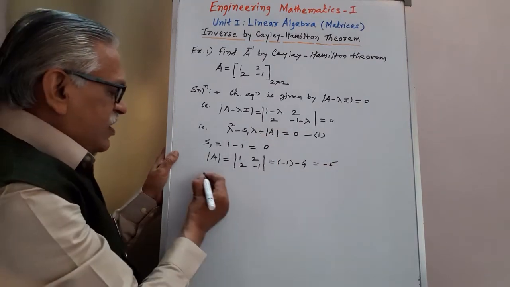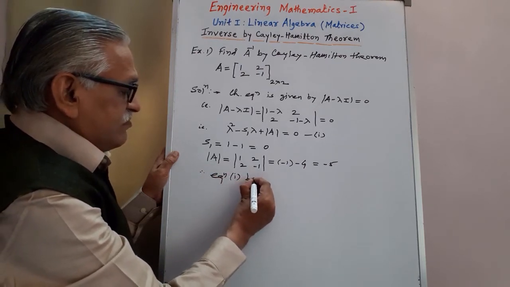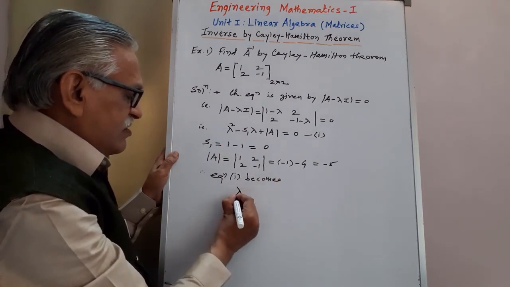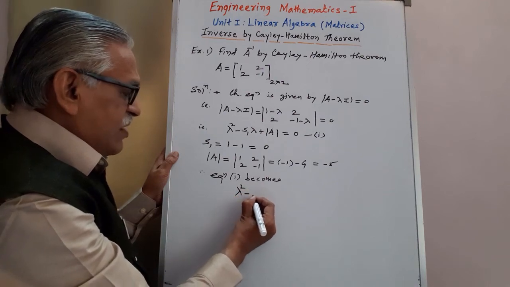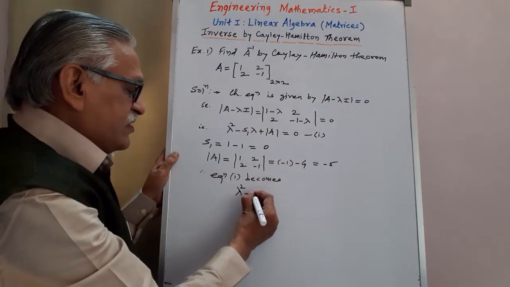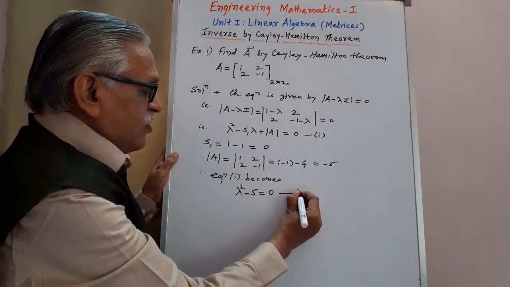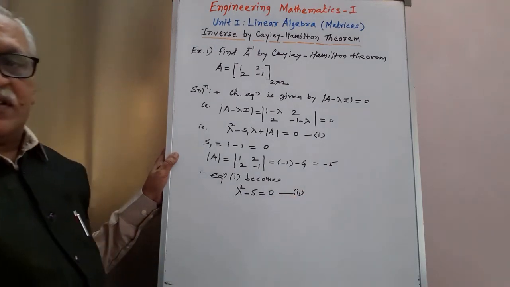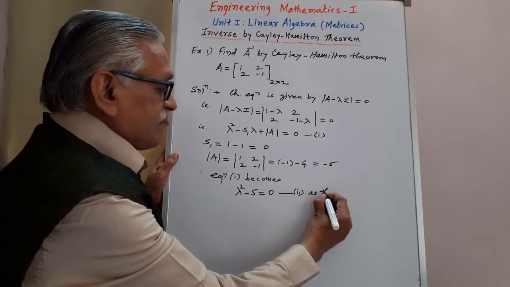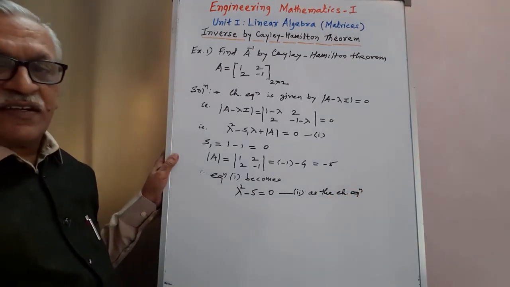Substituting these values in equation 1, the equation becomes lambda square minus s1 lambda, that is 0 lambda, plus determinant of A, which is minus 5, equals 0. We call this equation 2, the characteristic equation.